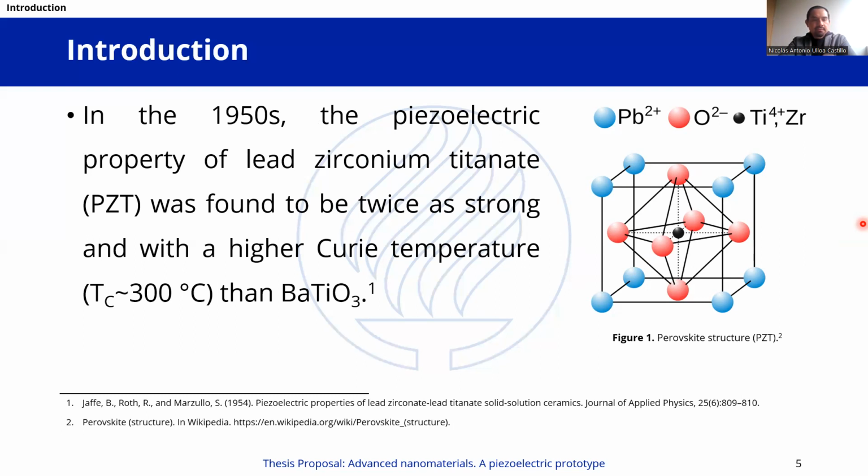However, the environmental risks associated with lead content in PZT ceramics underscore the urgency of transitioning towards more sustainable alternatives. And not only sustainable, but lead is toxic. It's found to be toxic.